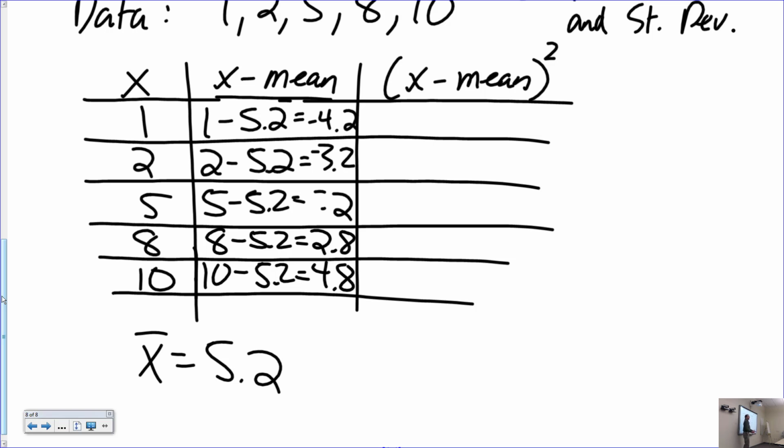Folks, this is the definition of the mean. The old definition of the mean is the number that you can subtract from all of your data such that when you add up all of those values, you get back to 0. That's what the classic mathematician would use to describe the mean.